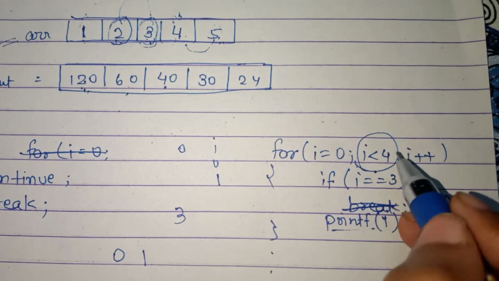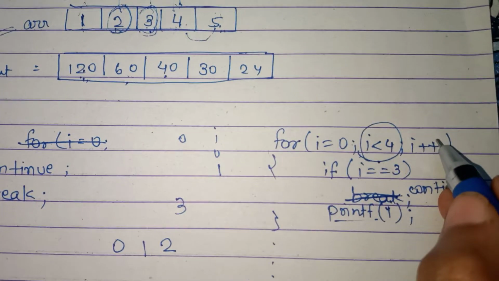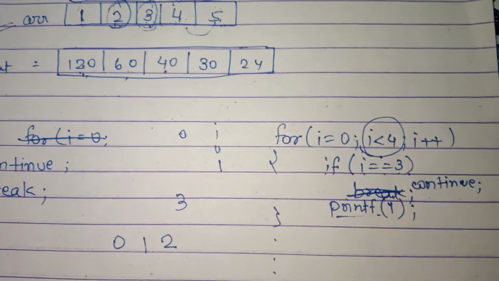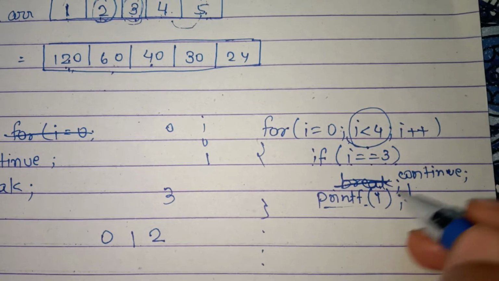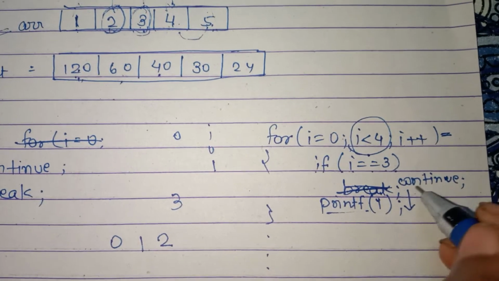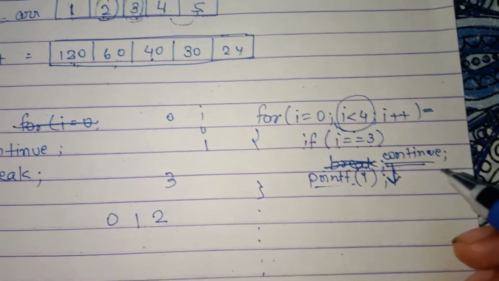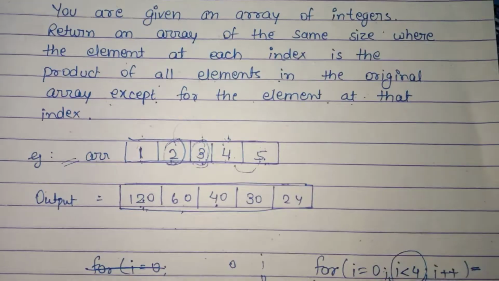Then i plus plus, it will become 2, it will print 2. Then i plus plus, 3, and when i is equal to 3, it will not execute the other part of the code, it will just continue here and increment the value of i. So continue is used to skip the statements after it, and break is used to come out of that loop.